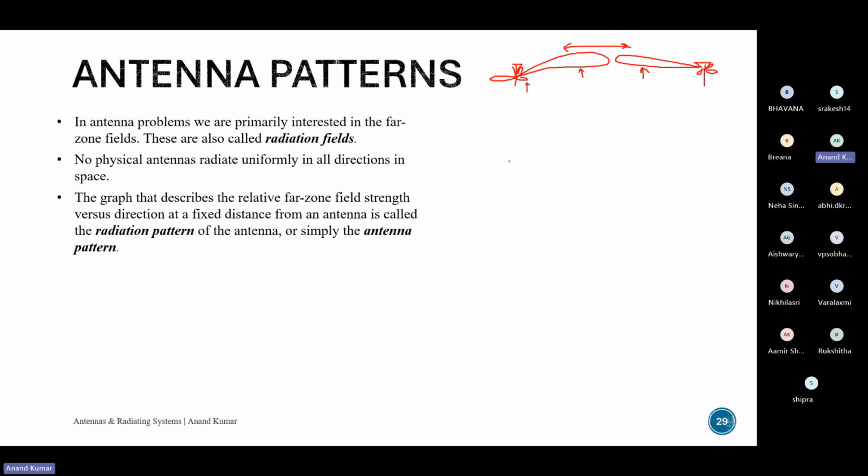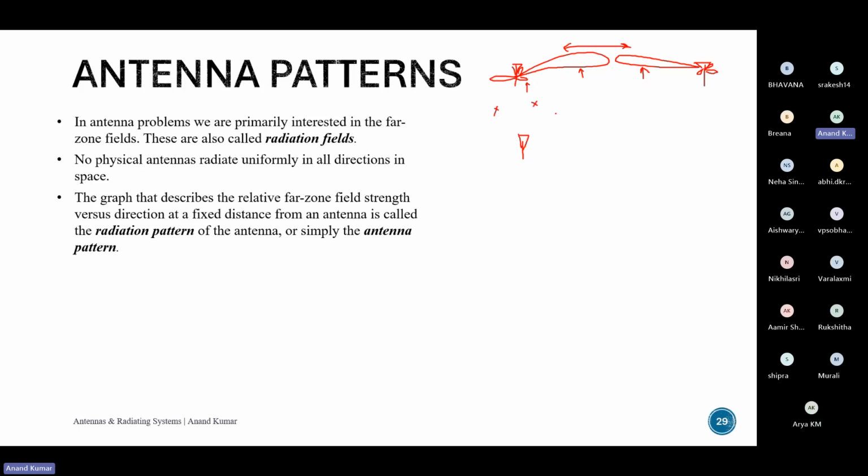And the radiation pattern is something, if you have designed this antenna and try to see how the electric field is radiating in all directions, what you can do is measure the field strength in different directions all around the antenna in different planes.